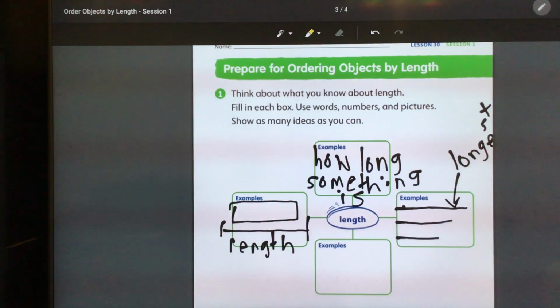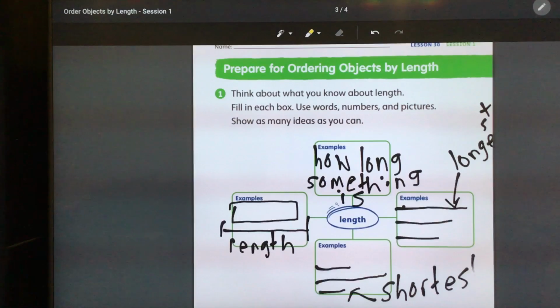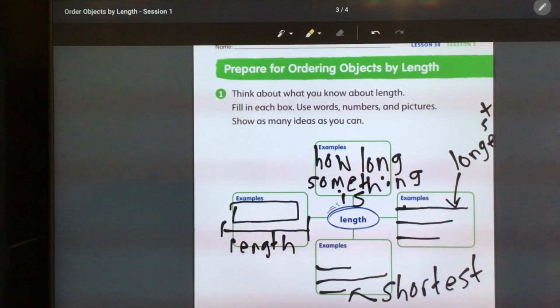And then another important word when we're doing length, I'm going to draw 3 lines again. But this time, I'm going to use the opposite of longest. And this line right here is the shortest. So those are 2 words we use when we're talking about length. Longest and shortest.